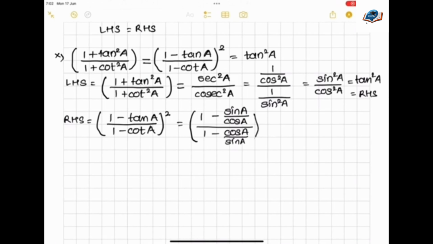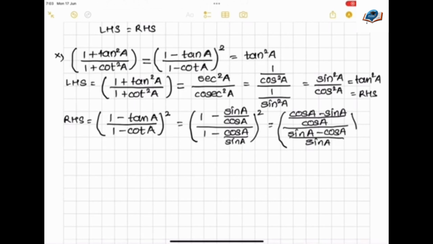Now I am making the denominators in numerator and denominator. So (cos A minus sin A) whole upon cos A, whole upon (sin A minus cos A) whole upon sin A, whole square.